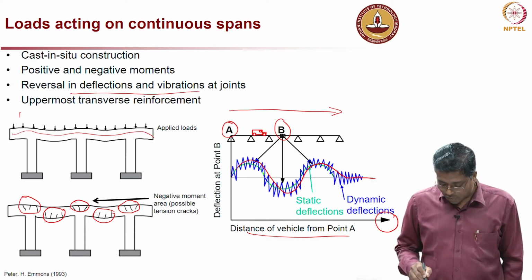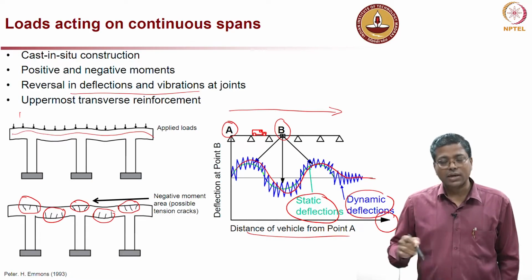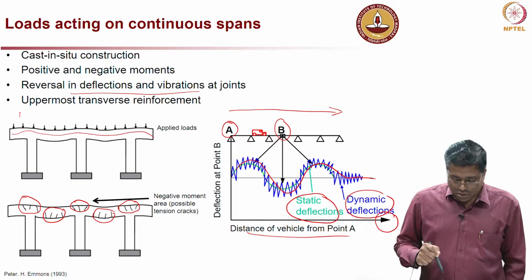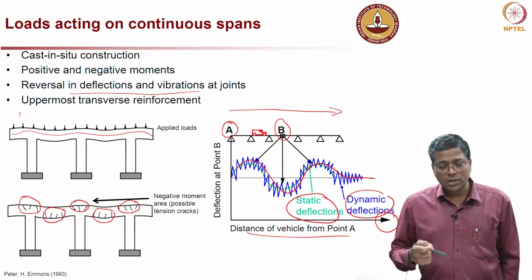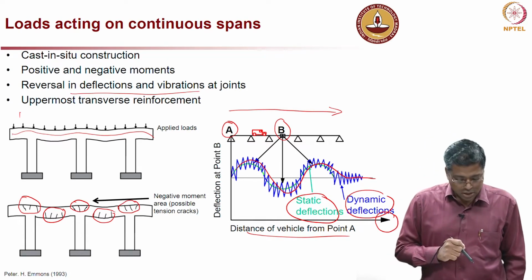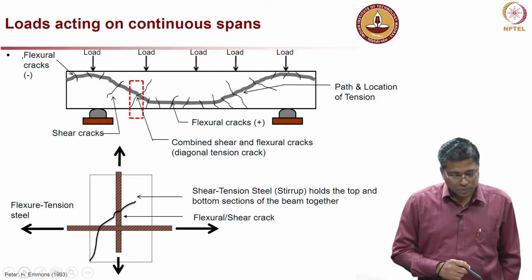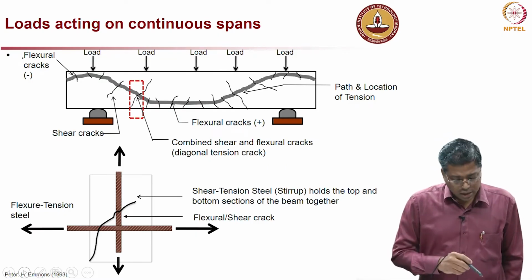And also we have to think about static and dynamic deflections, because based on this we need to decide on the property of the material which has to be used and the strengthening technique.